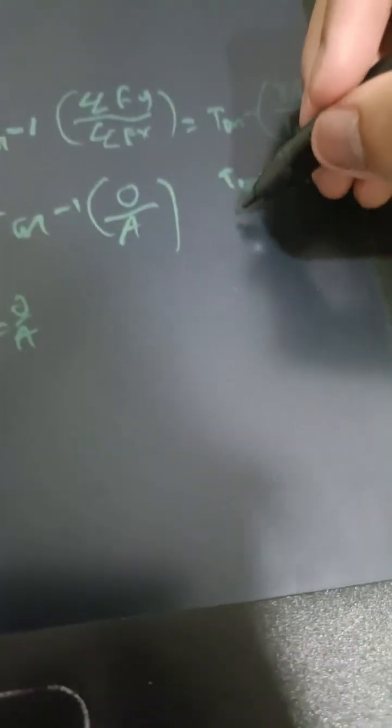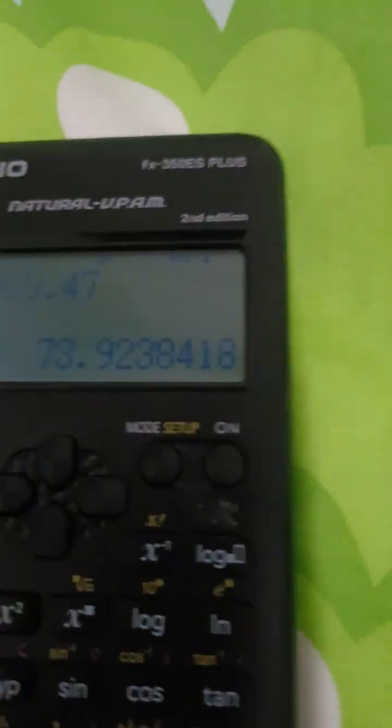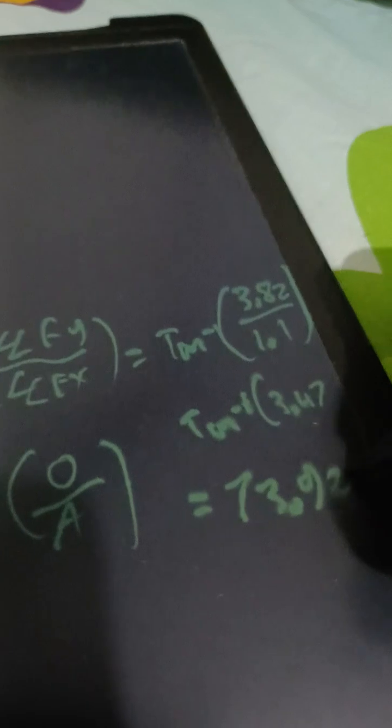So tan minus 1 of 3.47, and then you count it again. And it's facing at 73.92 degrees. And boom, you're done with trigonometry.